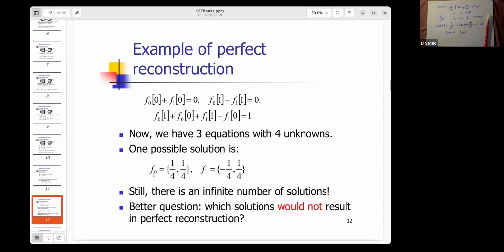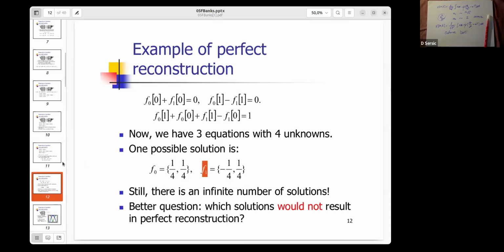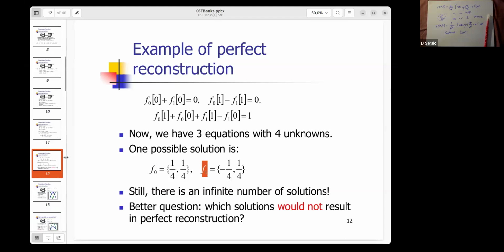F0 is again a low-pass filter, and F1 again is a high-pass filter. Pretty similar to the analysis filters, only divided by 4. So it was pretty easy to find 4 filters that have the perfect reconstruction property in such a structure.